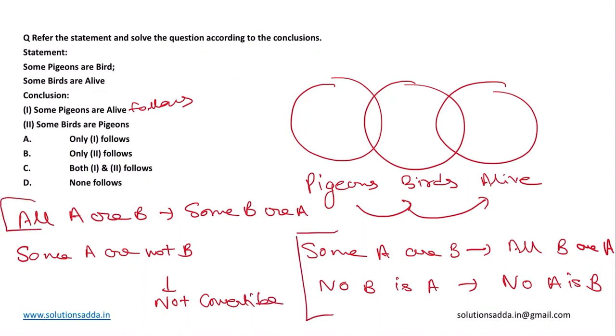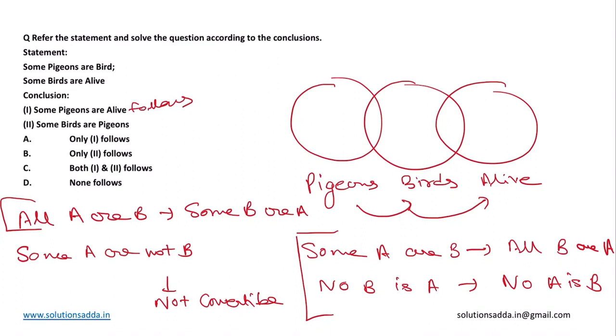So basically these three are the conversions of one statement type into another. That is, some A are B implies some B are A. No B is A implies no A is B. All A are B implies some B are A.